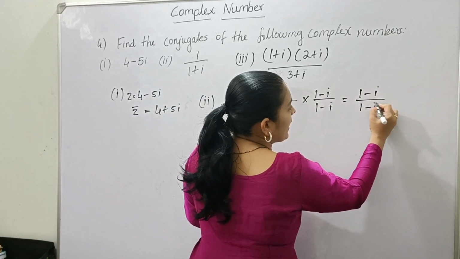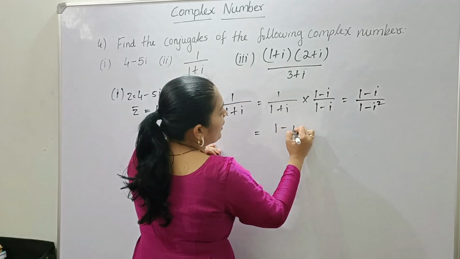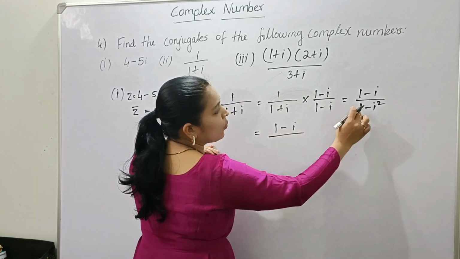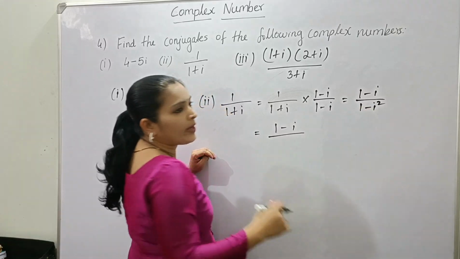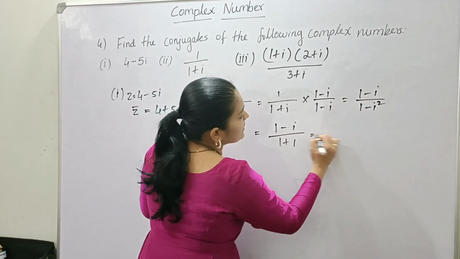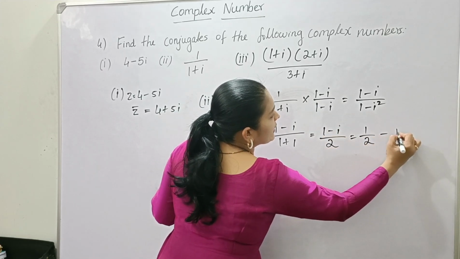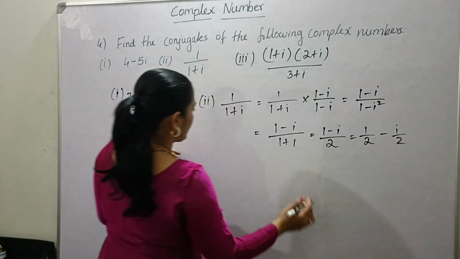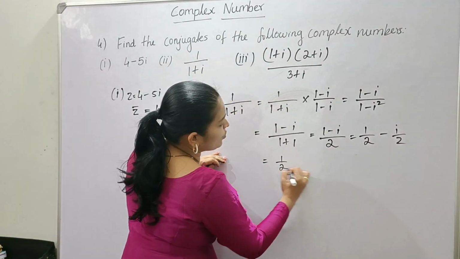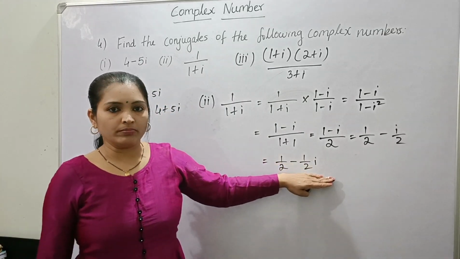So 1 minus i square. That is equal to 1 minus i divided by 1 minus i square, which is minus 1. So 1 minus minus 1, 1 plus 1, that is equal to 1 minus i divided by 2, that is 1 by 2 minus i by 2. That is 1 by 2 minus 1 by 2i. A plus ib form, right.